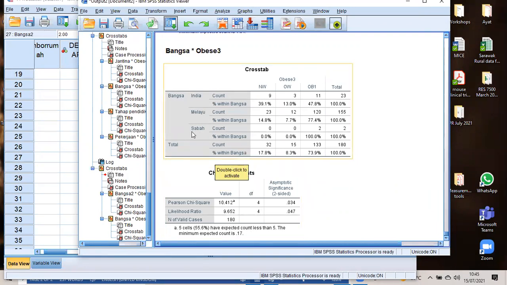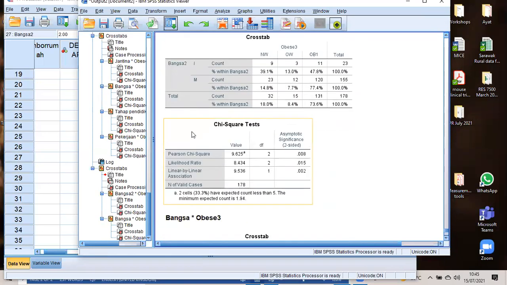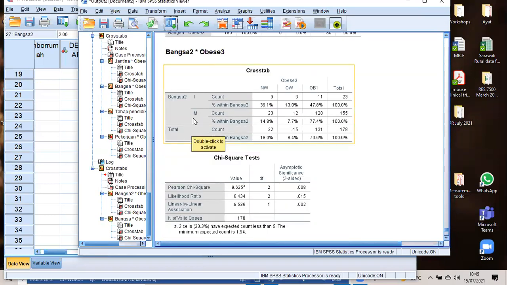I have to drop Sabah, so I have to convert the variable to numerical. With Sabah excluded, the minimum count is now 1.94. For a sample size of 100 and above, this must be at least 1. So now, significant, yes, and valid.